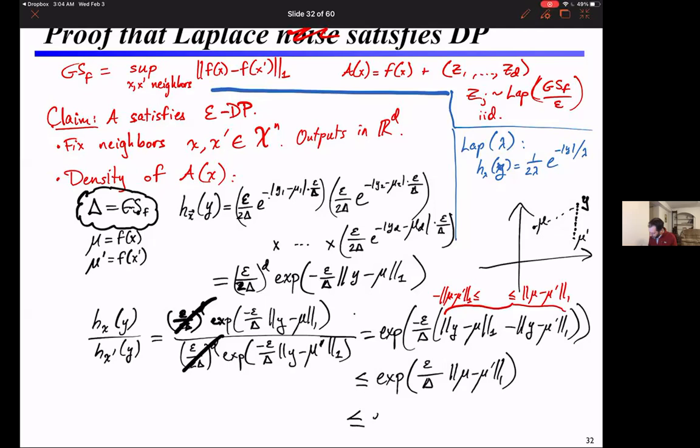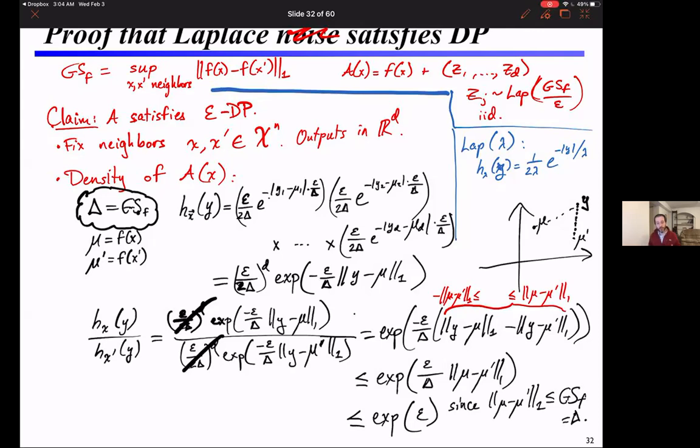So this is at most e to the epsilon, since mu minus mu prime is less than or equal to the global sensitivity, which is the same thing as delta.